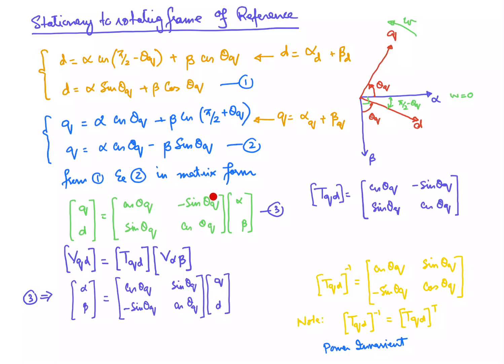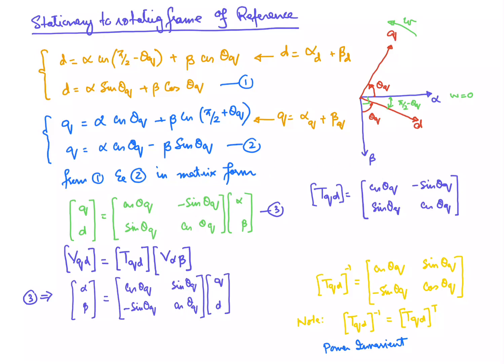So for different orientations, this matrix may be different. For this particular orientation, this transformation matrix is valid. Let's suppose that we are translating the voltage of the alpha beta frame to the qd. We can write down the equation like that, and the transformation matrix that converts alpha beta into qd is given by this part, right? So that we have derived over here.